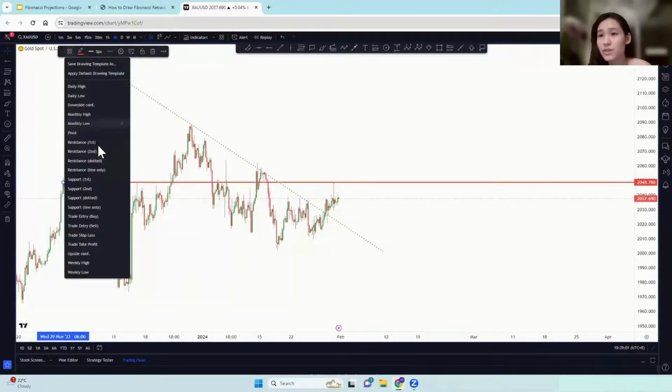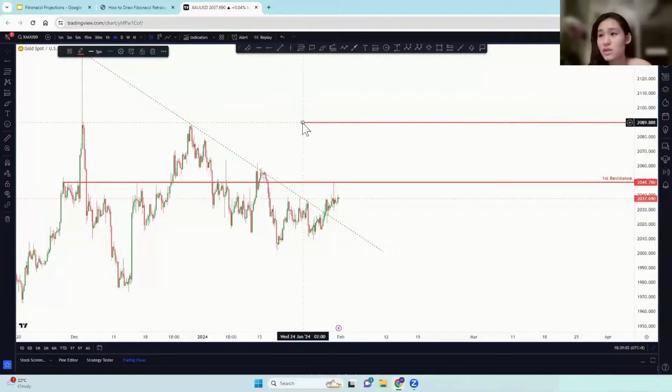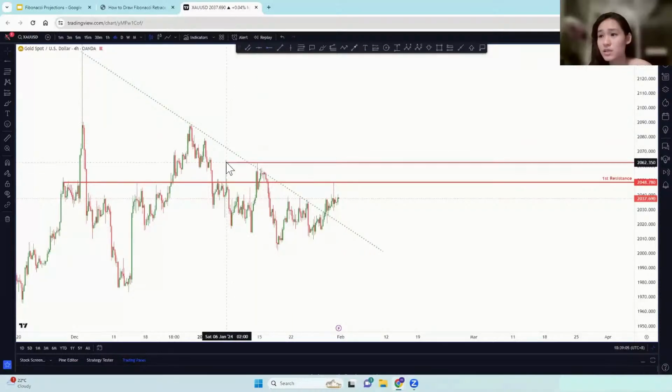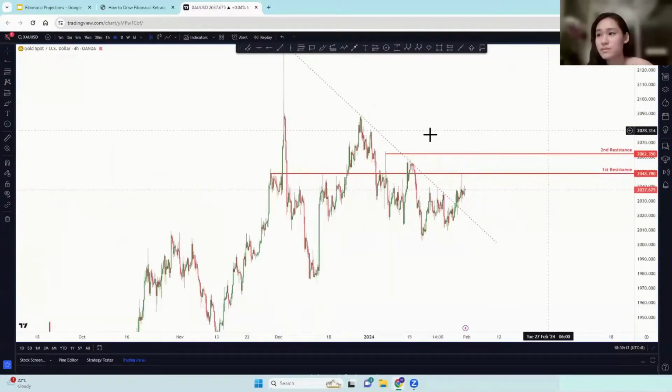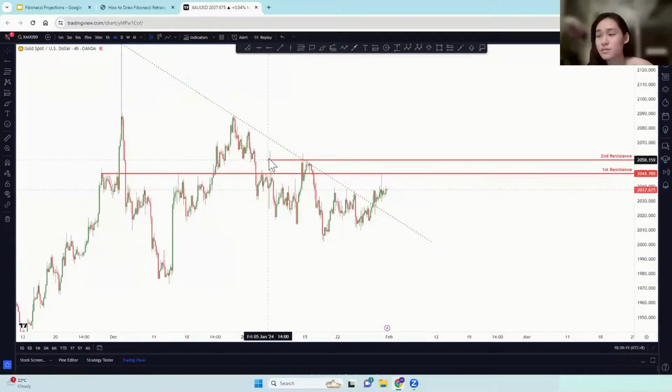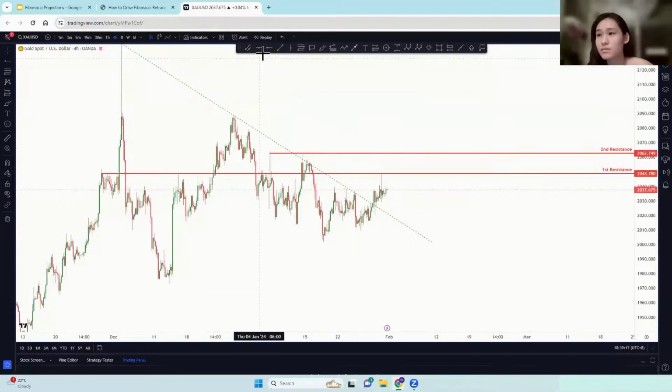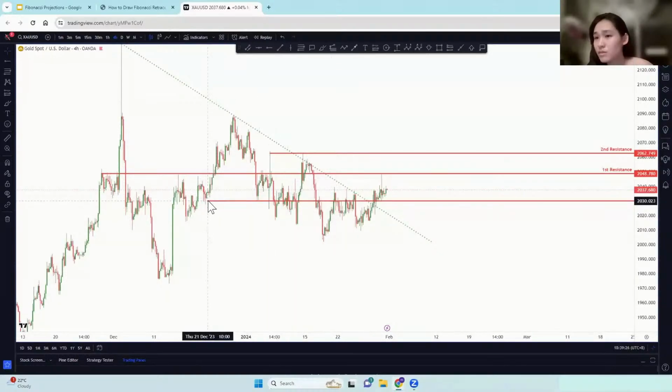Okay, this was my first resistance, and then my second resistance is here. I will place my first support here because we have two swing lows.